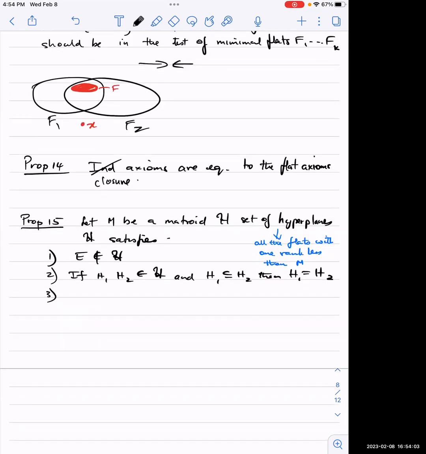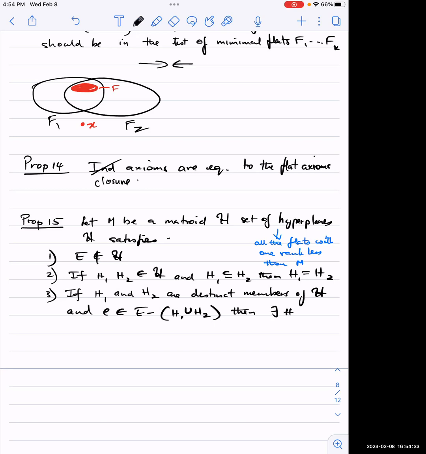And 3, if H1 and H2 are distinct members of H, and e is in the complement of H1 union H2, then there's a third hyperplane H3 containing the intersection of H1 and H2.